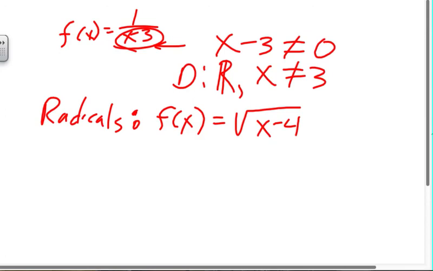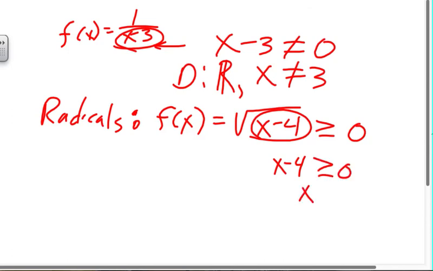When we're dealing just with real valued numbers, the domain is limited to just real values, which means that this thing inside here has to be greater than or equal to 0. So x has to be greater than or equal to 4.